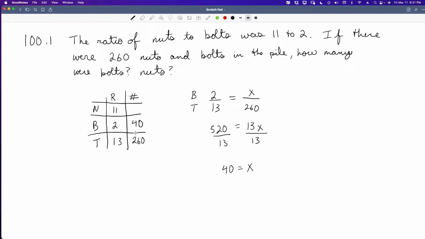Now we can either subtract 40 from 260 and find out that we have 220 nuts, or we can do the math. We can say 11 out of the 13 units was nuts, and 13 was the total, and then we can put that over here with x for the number of nuts and 260 for the total number of items, and cross multiply.